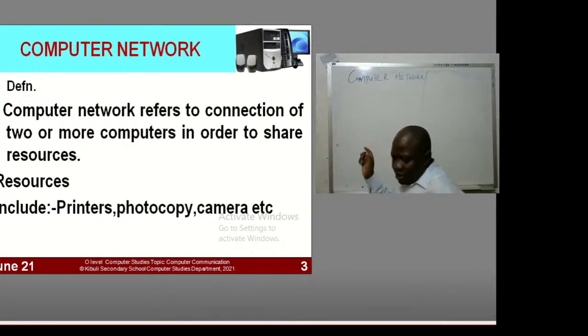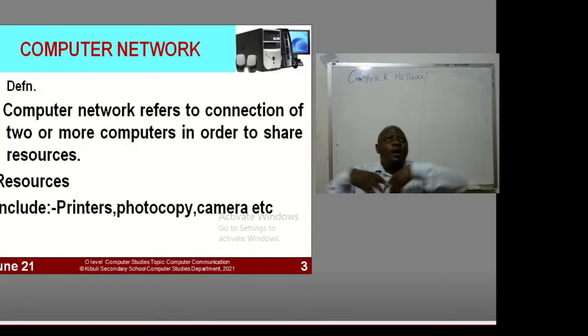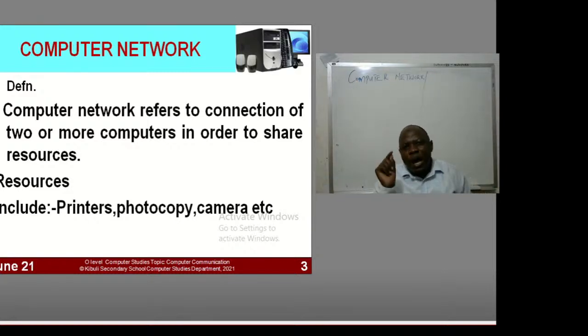But then, as we look at the connection, there are different gadgets here. I've told you that you can share a printer. You can be 100 employees in an organization and you share one printer. Some of you have been in banks and seen that, and in different organizations, where people are sharing just one printer. That is sharing of resources.